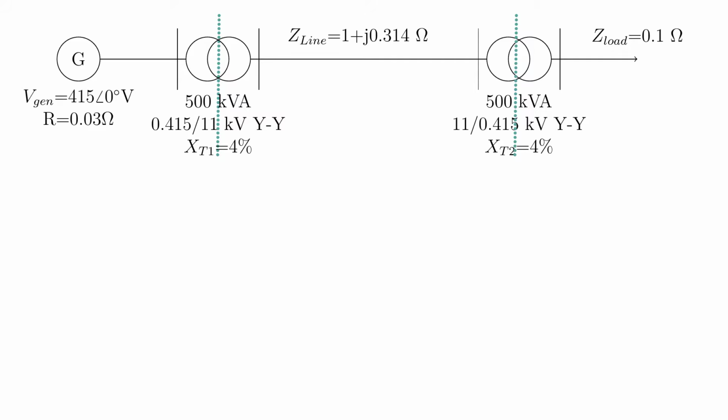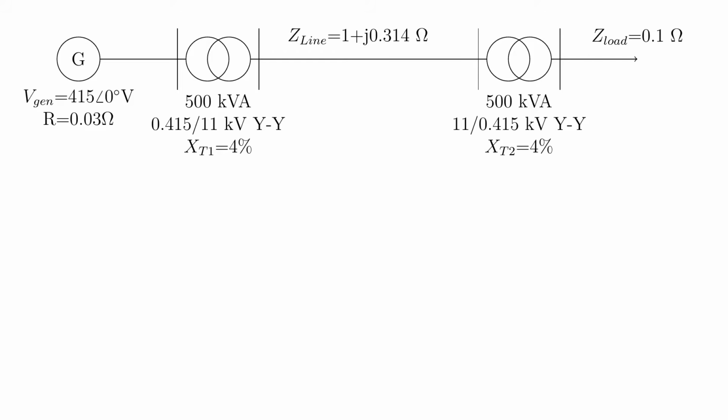If this is not the case, and sometimes it's unavoidable, you can't really avoid having mismatched bases, we just use the conversion formula which we introduced a while back. So we choose a base apparent power, in this case of 500 kVA, so it matches the transformers. Next, the base voltages.